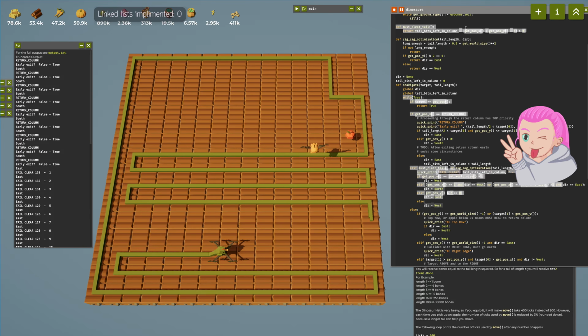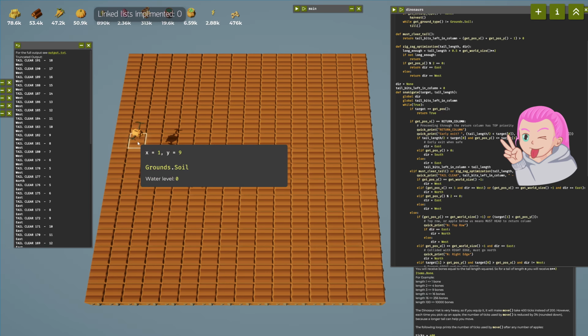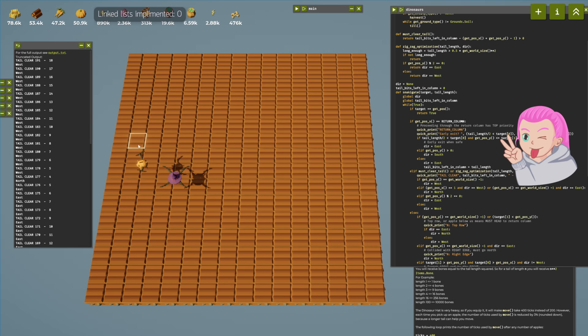Yeah, that should be safe, because we have gone one south. That means there could technically be a tail segment here if we try to turn out. I guess that's not actually perfectly safe.